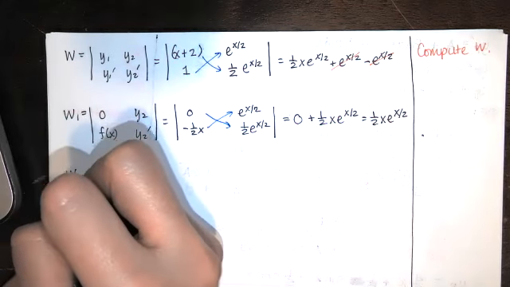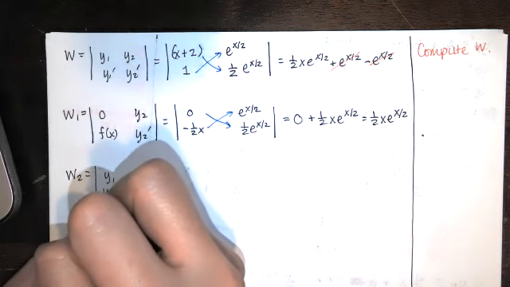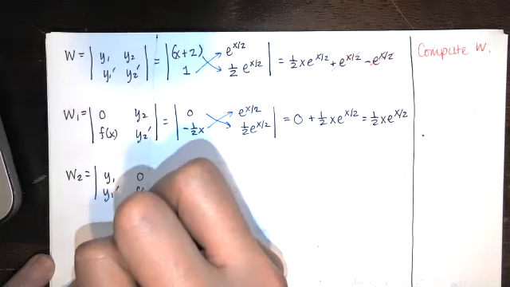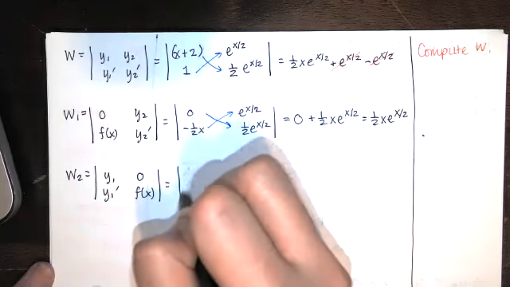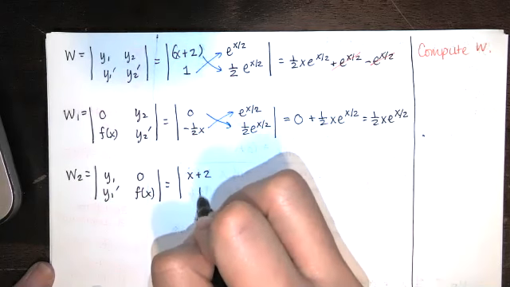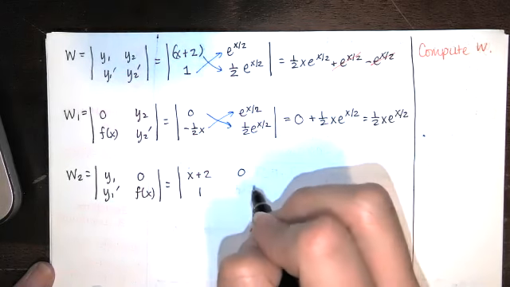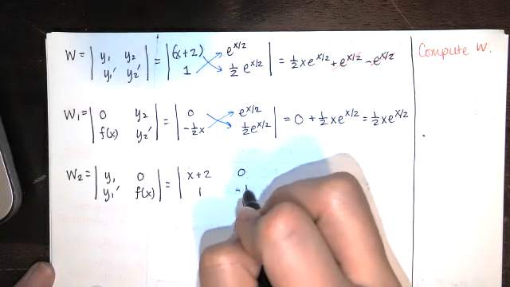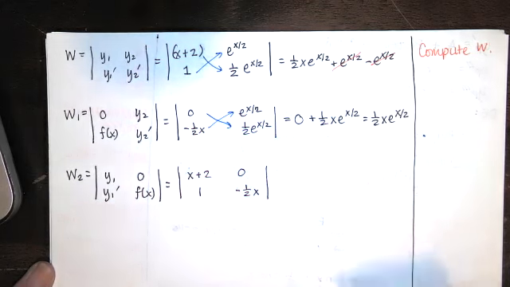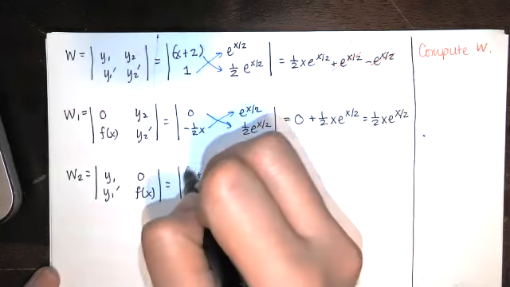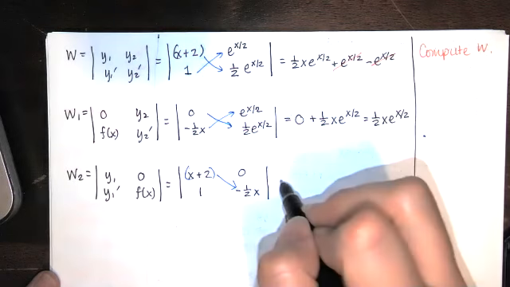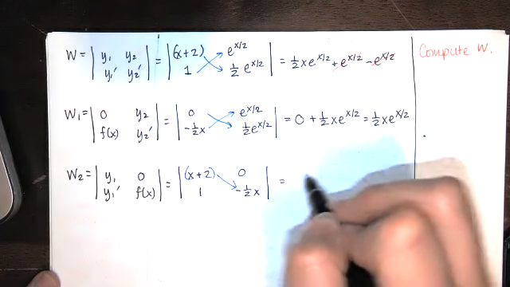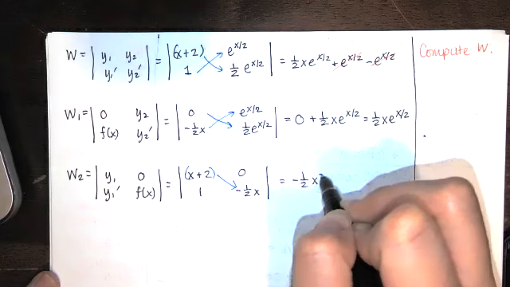And W2 looks just like the first one, that Wronskian, but you replace the second column with 0 and f of x this time. So we've got an x plus 2 and a 1, and here we have a 0, and f of x was negative 1/2 x. So if I multiply those together, distribute that negative 1/2, I have negative 1/2 x times x is going to give me negative 1/2 x squared.